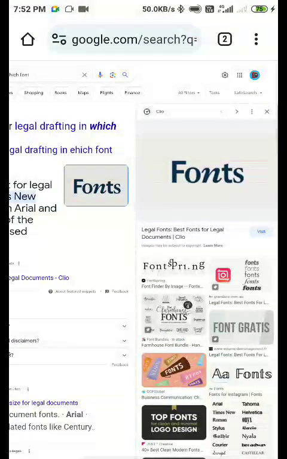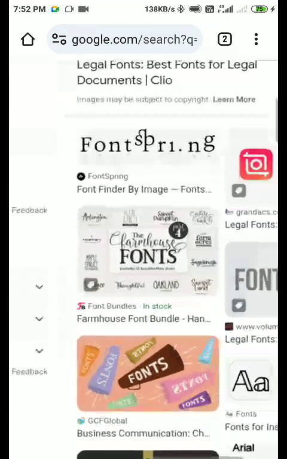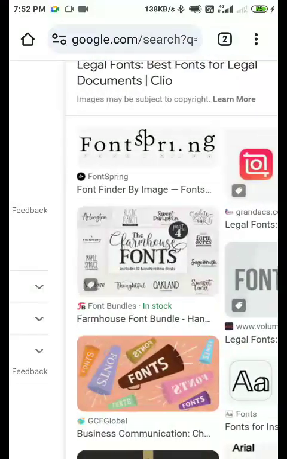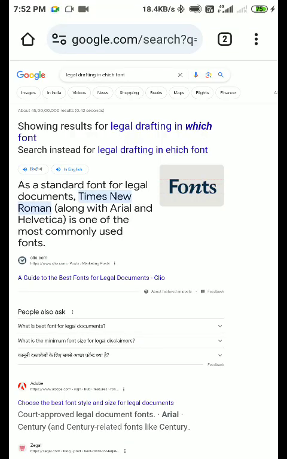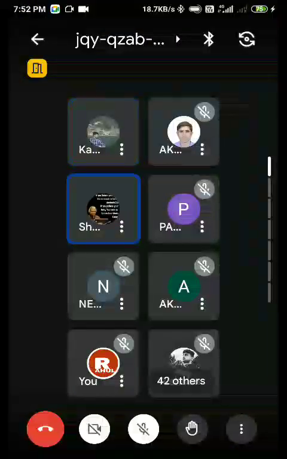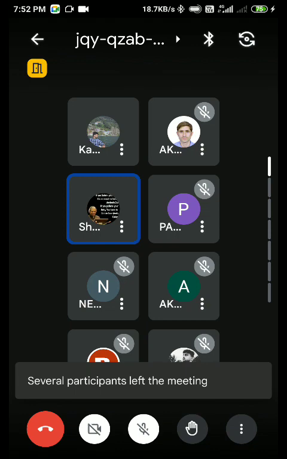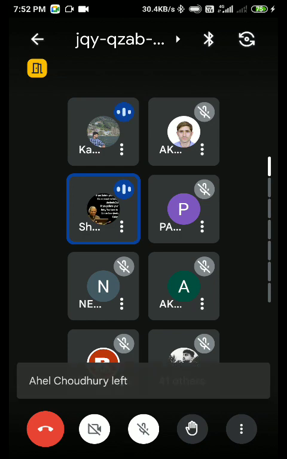Please, one at a time. Shubham, kindly repeat. You are again not audible. Just drop a message. Regarding your font size, styling and margin and all.